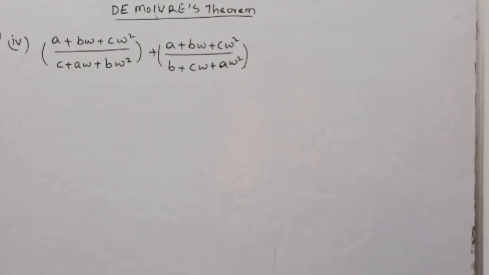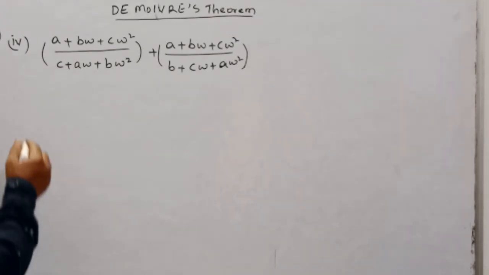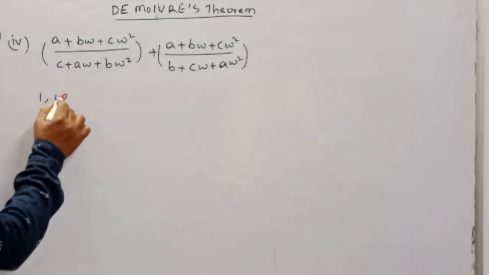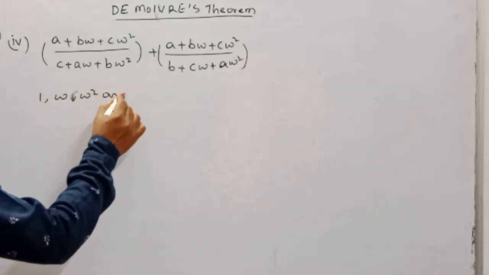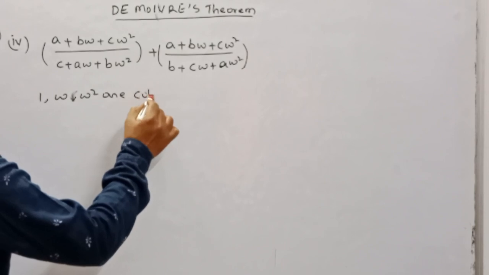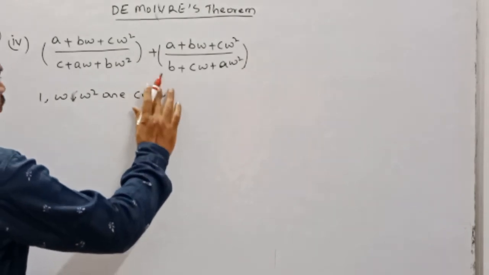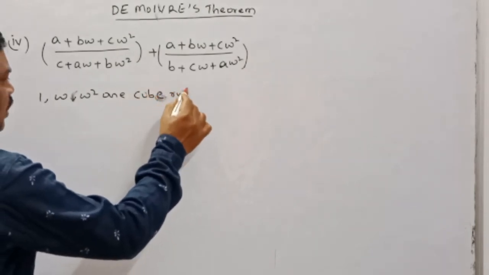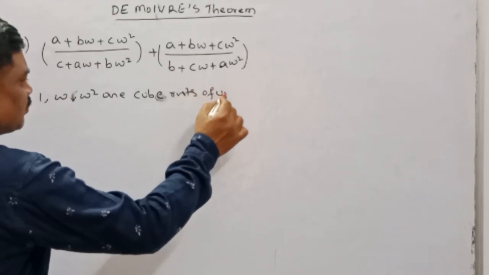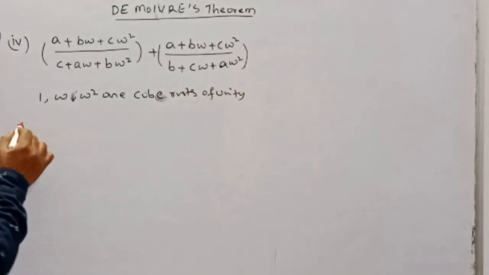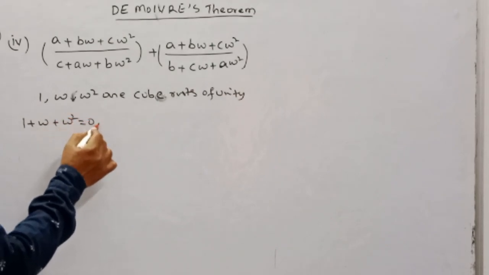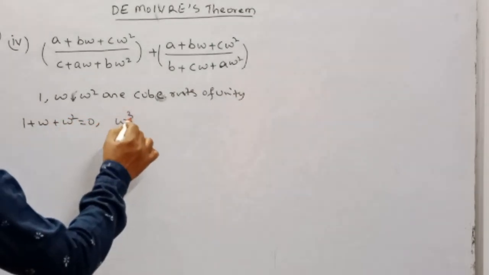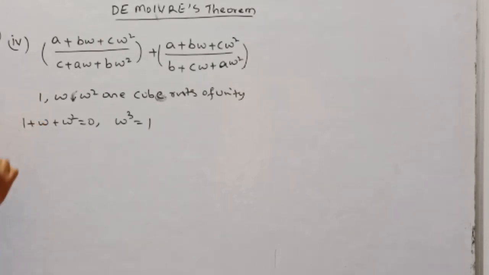You see, for this one here, 1, omega, omega square are cube roots of unity. So 1 plus omega plus omega square is equal to 0, one condition, and omega cube is equal to 1.